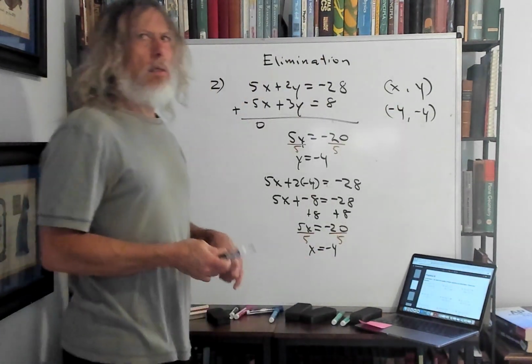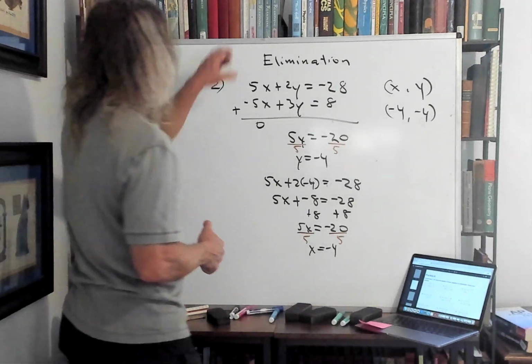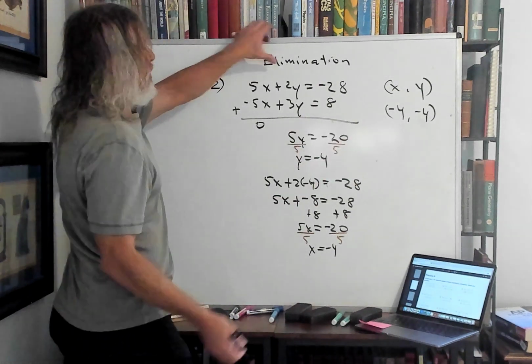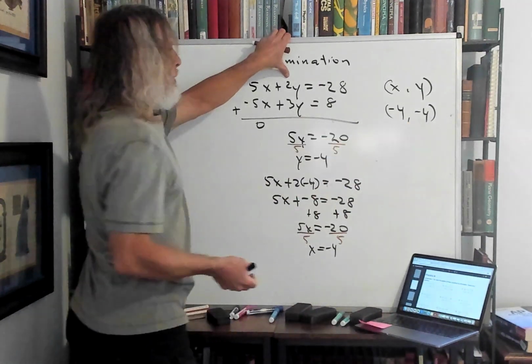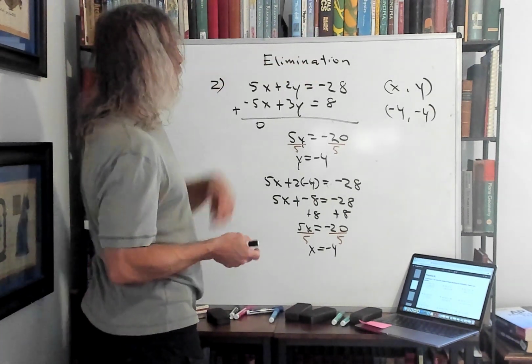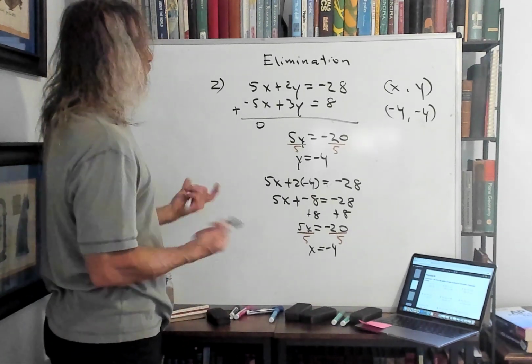And let's check it to see if we messed up our arithmetic or if we did things okay. So 5 times negative 4 is negative 20. 2 times negative 4 is negative 8. Negative 20 and negative 8 make negative 28. And you can write it down if it helps. I'll do it for this one.